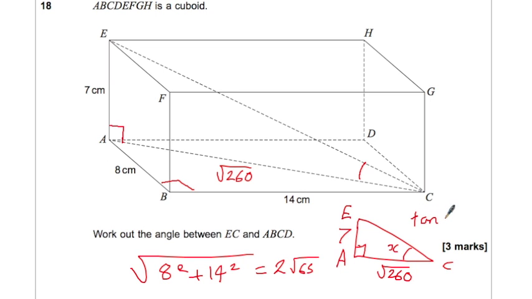So tan X is 7 over root 260. So X, I'm going to do inverse tan of 7 over root 260. And that gives me the wrong answer because I'm in radians. So let me just sort my calculator out. So that gives me 23.5 degrees.